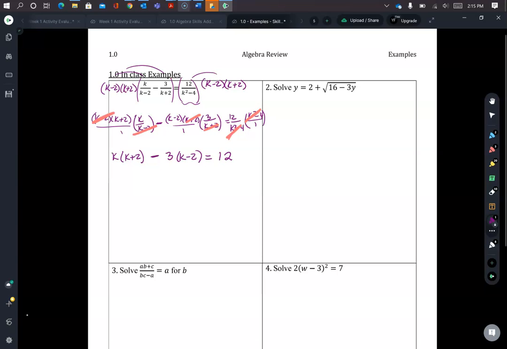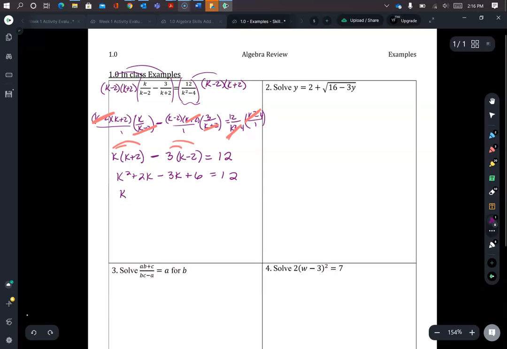Now I'm going to go ahead and distribute and then solve. I'm going to have k squared plus 2k minus 3k plus 6 equals 12. So just watch your signs there. Then I'm going to clean that up and streamline, setting it equal to 0.